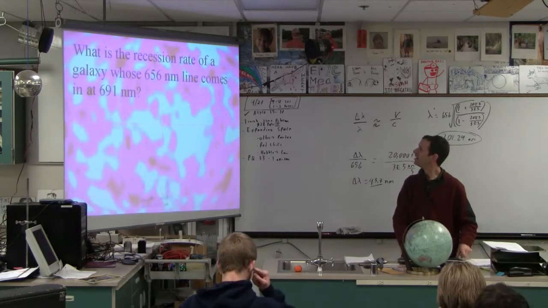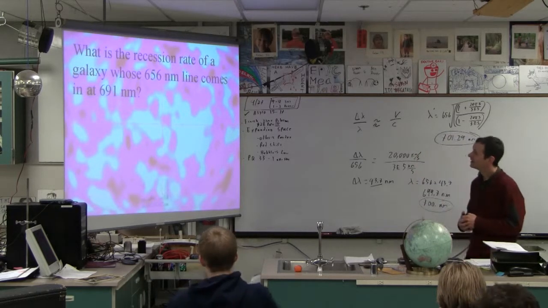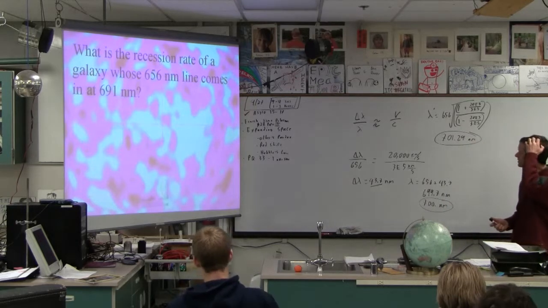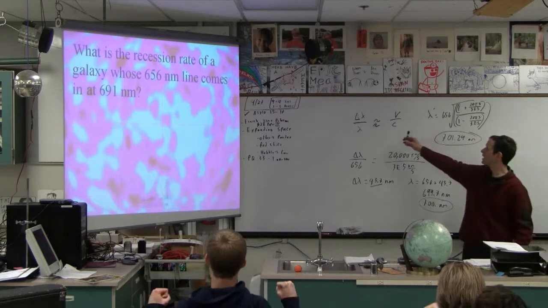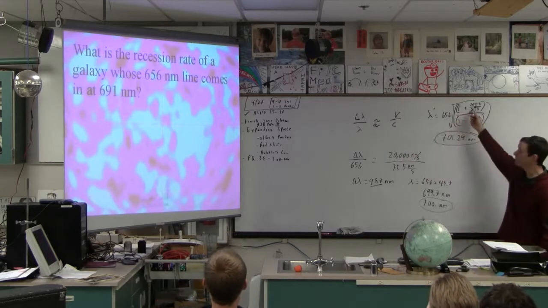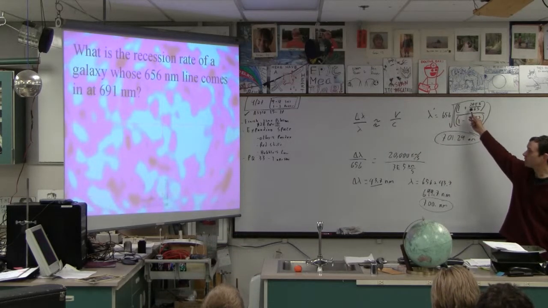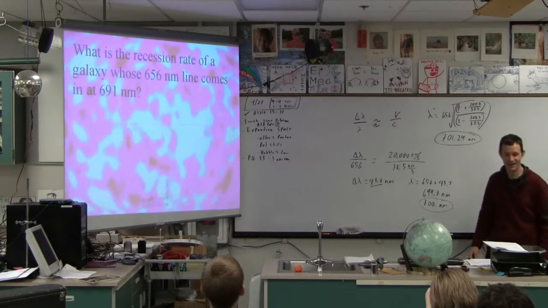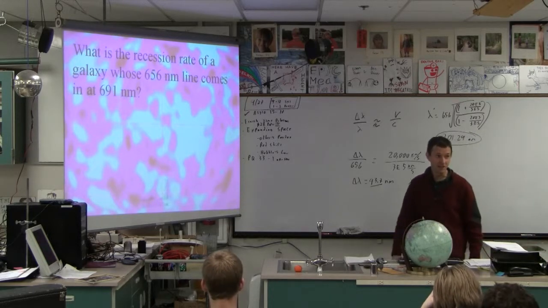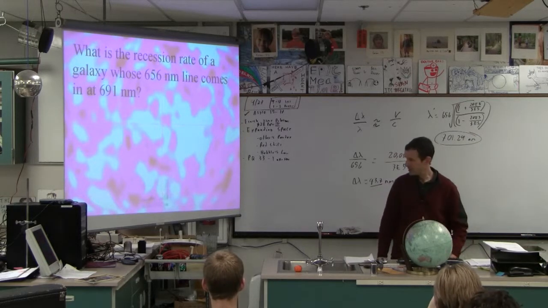All right, try that one. So now you're solving for V. Go ahead and use the approximate formula, because God forbid you'd have to solve for the V in this formula. There is a good side to the IB formula.